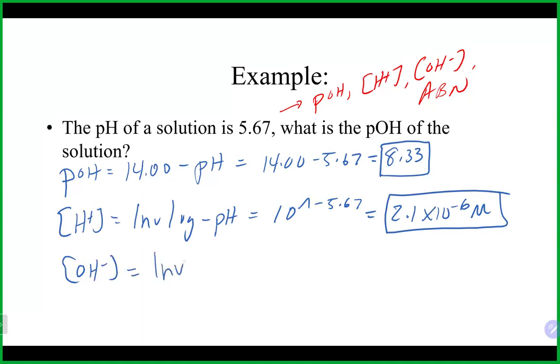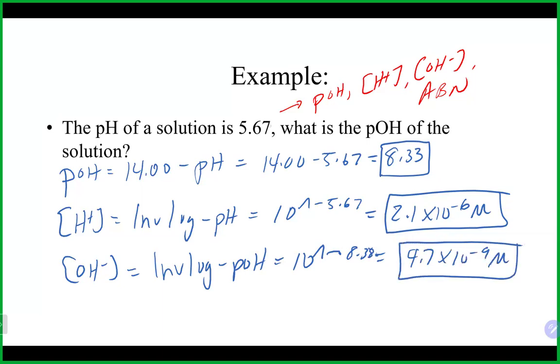We could also do the same calculation using the POH. So that's going to get us here 4.7 times 10 to the minus 9 molar. And once again here, this would be the pH, which is less than 7, which means we would expect this guy to be acidic.